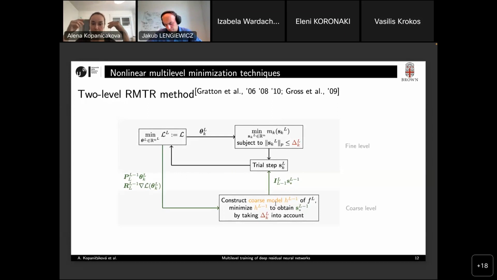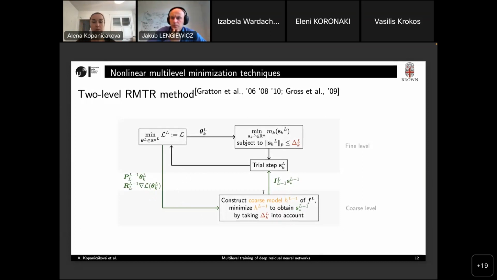Since our coarse level models will be constructed using this dimensionality reduction technique, we will also have to devise some sort of transfer operators to move certain quantities between different levels of the multi-level hierarchy. For example, we will employ projection operators, restriction operators, and also interpolation operators.